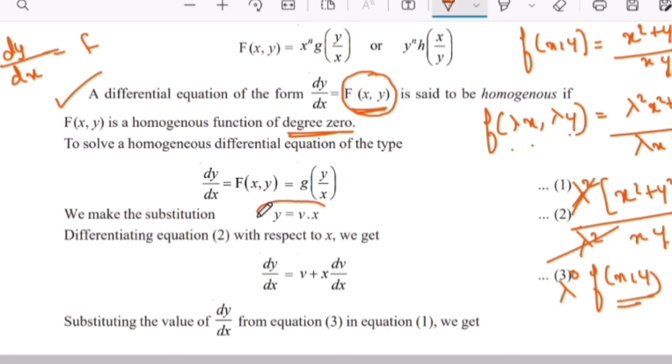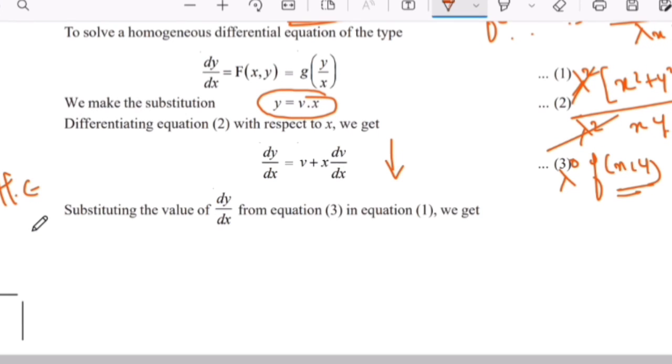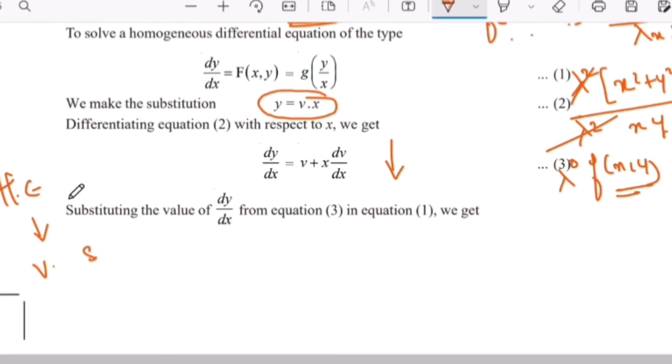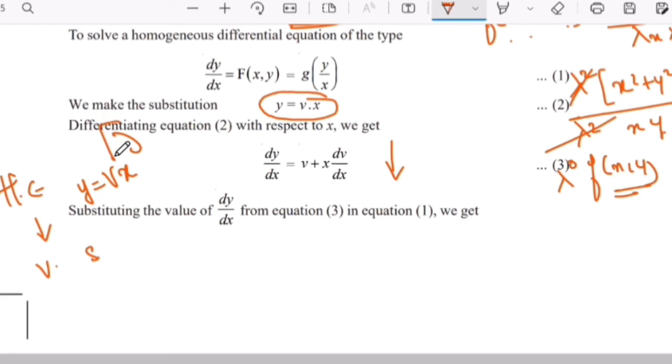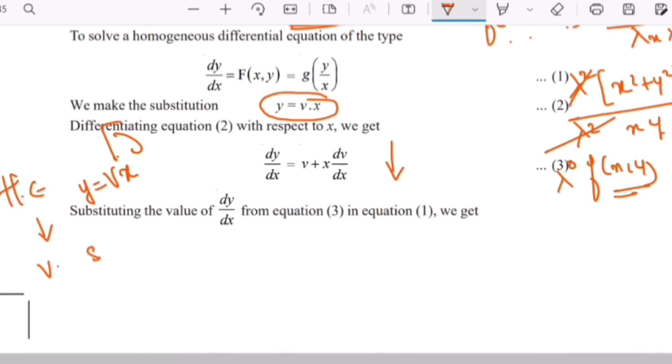Once you identify them as homogeneous equations, this is how you should proceed. You make it into variable separable form. To bring it into that form, you have to substitute y is equal to vx. Before that, you have to prove that the given equation is a homogeneous differential equation.